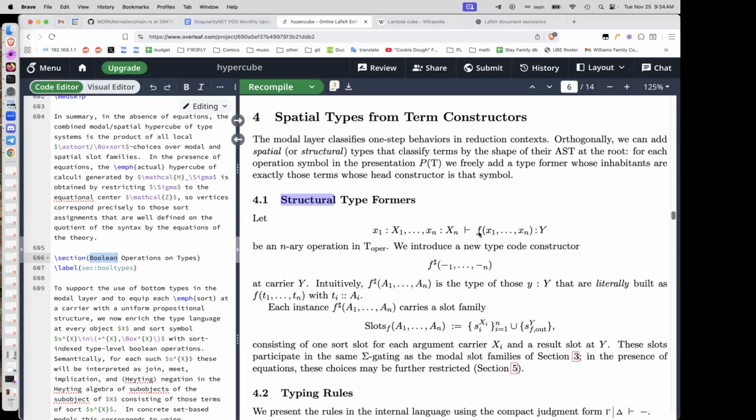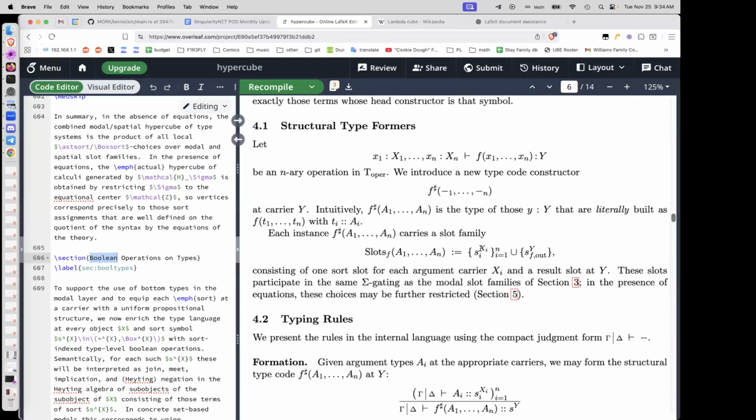So here we say for each term constructor, we introduce a new type constructor that characterizes those terms built this way, whose topmost node in the abstract syntax tree is F. And then we can choose sorts for each input and for the output.